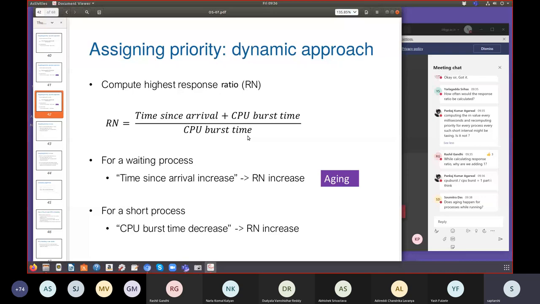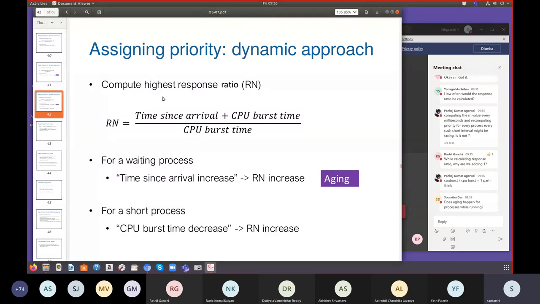The kernel anyway notes down when a process has come, how much CPU time it has got, because you can actually ask for such statistics for your process. There are commands in Linux which you can ask how much time your process took or how much CPU time it took.